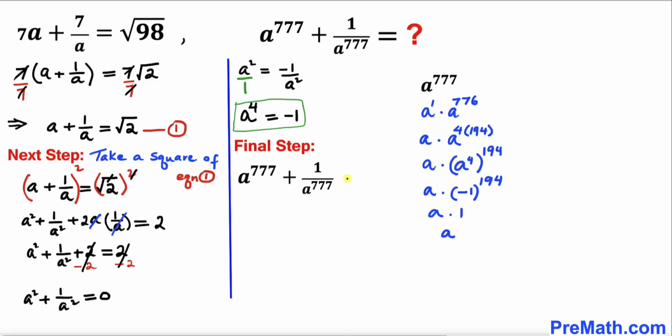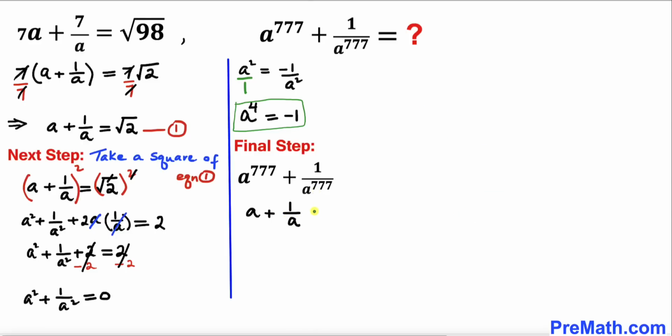Now let's revert our focus back onto this expression. I'm going to replace a to the power 777 by a. So I can write a plus 1 divided by a as well. But we know that a plus 1 over a is the square root of 2 from equation 1.